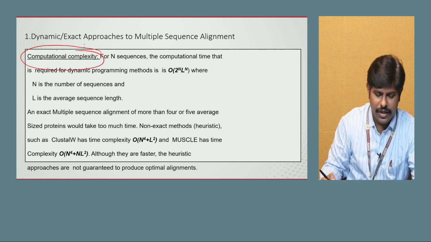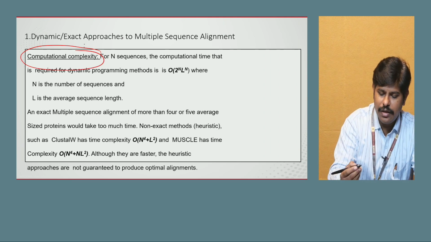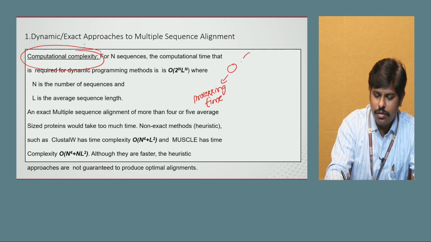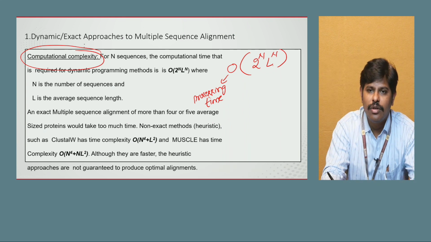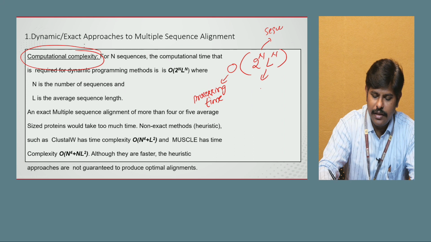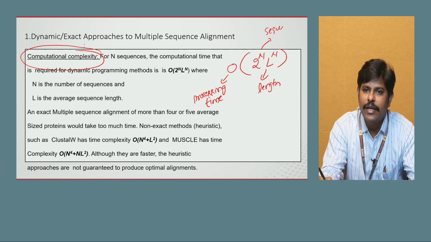The idea is very simple here. For dynamic programming, assume that O, the computational processing time, varies for each microprocessor. The time taken to achieve alignment of n sequences with length L is given by the formula O into 2 power n into L power n.